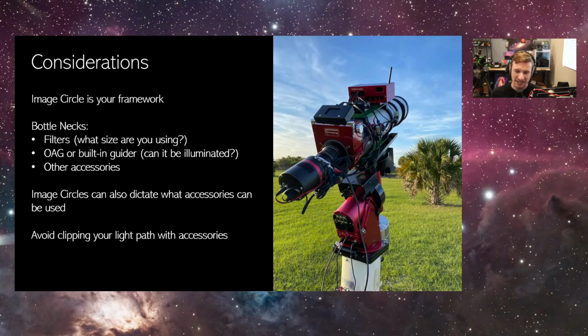I would recommend getting something bigger than what you need at the moment, because we all know we like to upgrade stuff in the future. So take into consideration what you're going to need later down the road so you're not having to buy it over. But yeah, that's image circles.